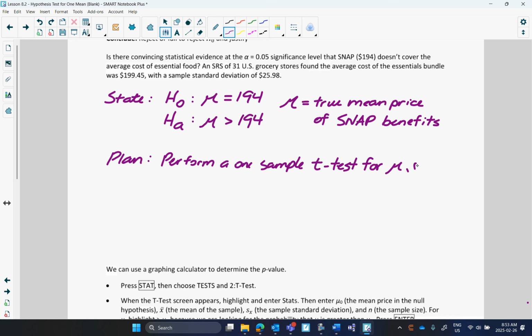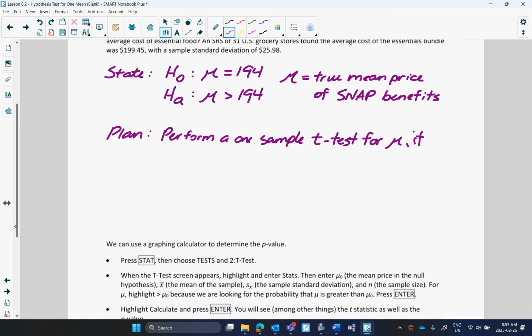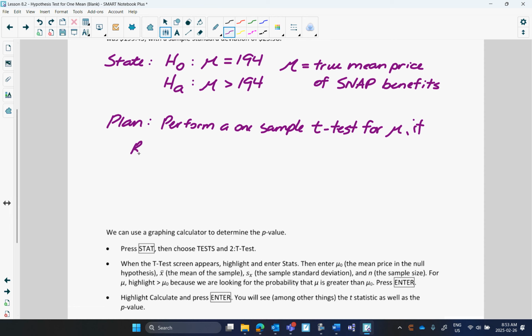If the three conditions are met. So random, 10%. And remember, with means, we do large sample, greater than or equal to 30.